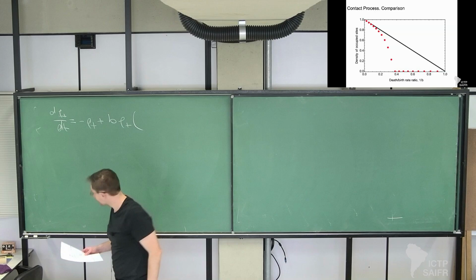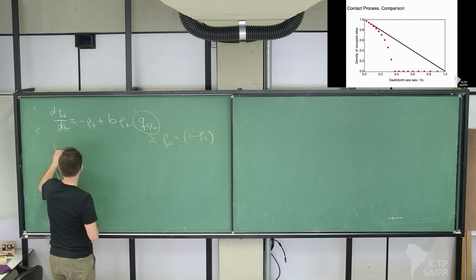So remember that we have two constraints here. We have that rho plus rho 0 is equal to 1, and we have... We all agree with this, right?